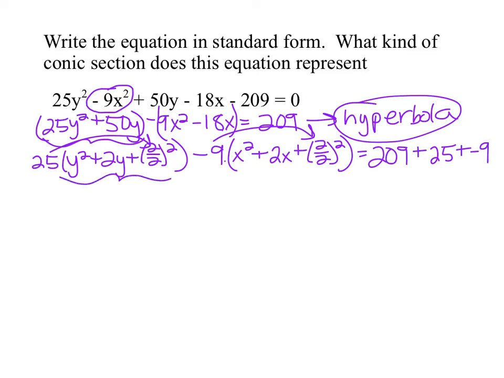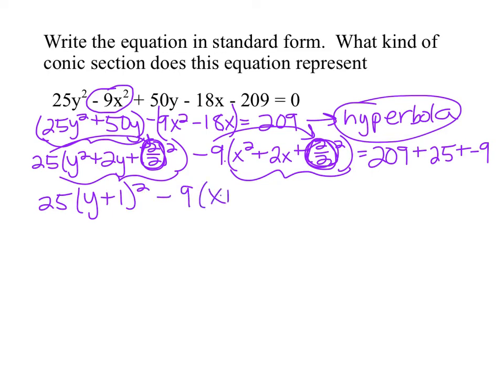So if we factor these out, remember the b over 2 is what we're going to use when we factor. So you end up with 25 times y plus 1 squared minus 9 times x plus 1 squared equals 209 plus 25 minus 9 is 225.